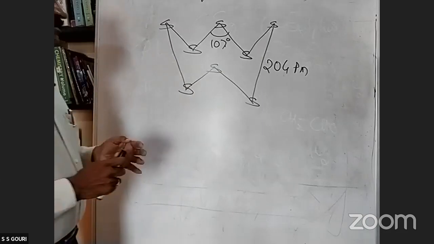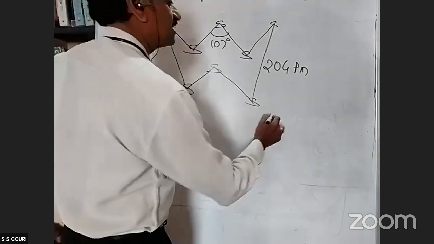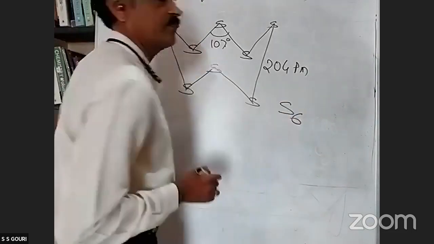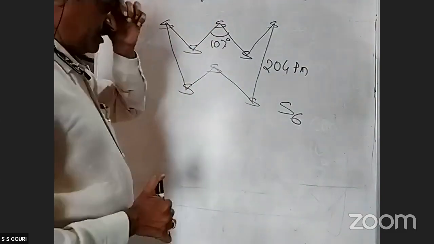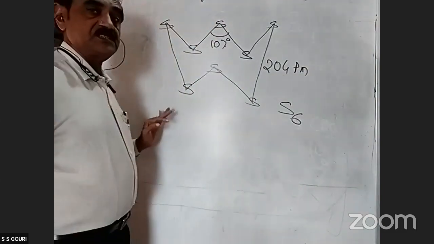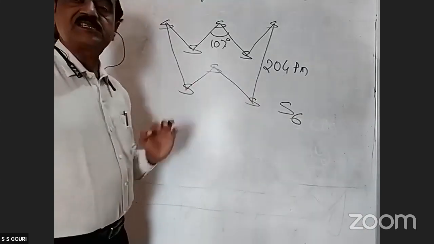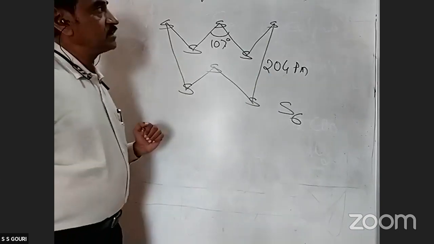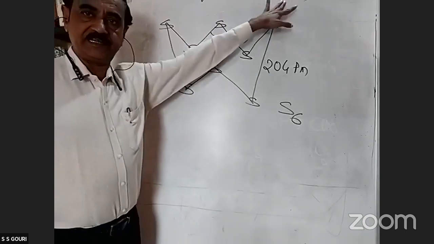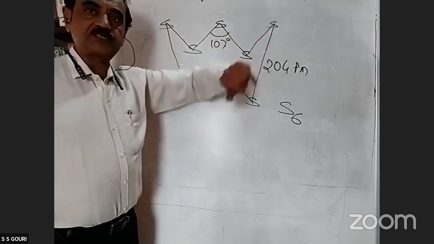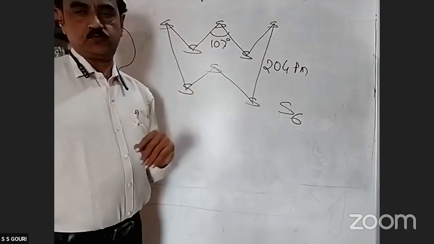Monoclinic sulfur sometimes exists as S6 also. Rhombic sulfur exists as S8. Monoclinic sulfur, that is beta sulfur, exists as S6 also. Sulfur almost 99% is S8. To some extent it exists as S6 and S2 also.